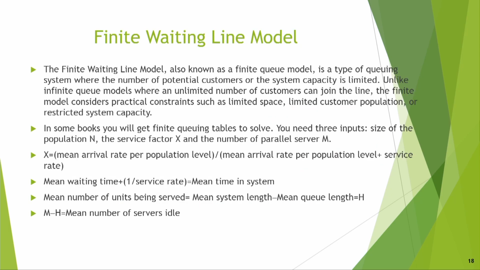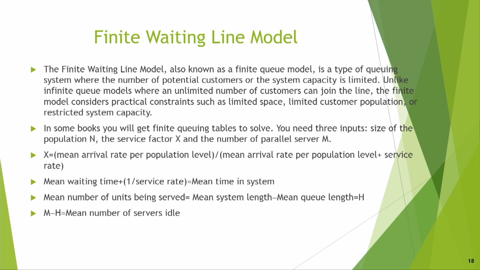Now, there is also the finite waiting line model, also known as a finite queue model, a type of queuing system where the number of potential customers or the system capacity is limited, unlike infinite queue models where an unlimited number of customers can join the line. The finite model considers practical constraints such as limited space, limited customer population, or restricted system capacity.